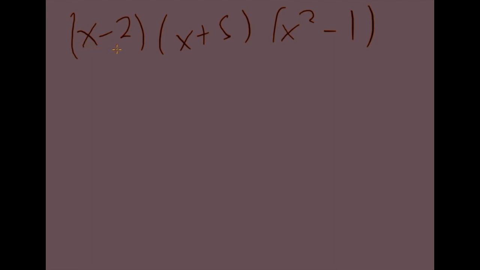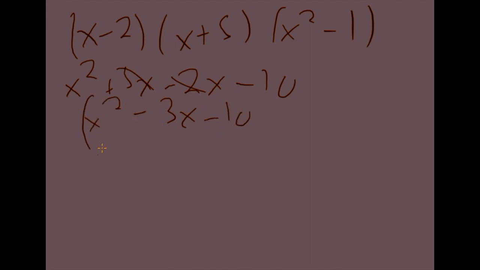All right, so first you want to multiply these out first, and we're just going to do it the old-fashioned way. X squared plus 5x minus 2x minus 10. Combine like terms, that's going to make it a negative 3x. I'll just move it down. All right, then your second step is multiply. So that's very important, remember, you multiply these all out first, and then this one.